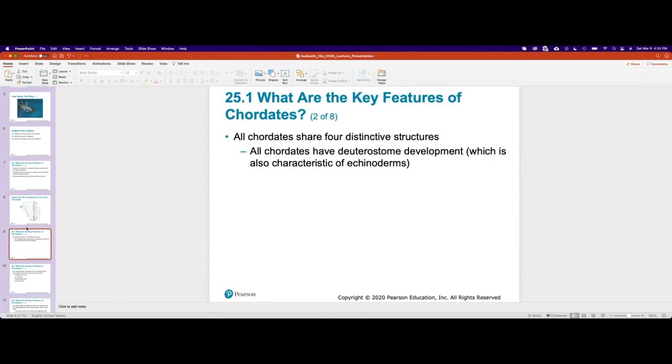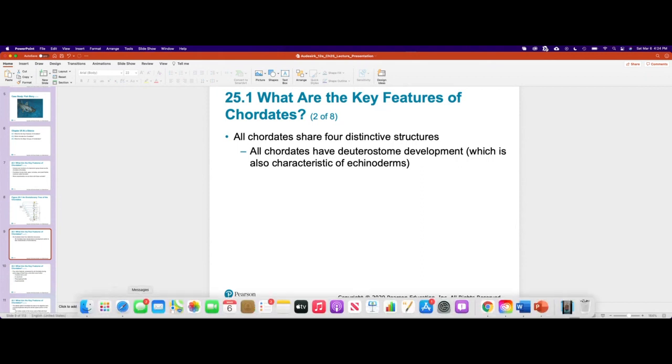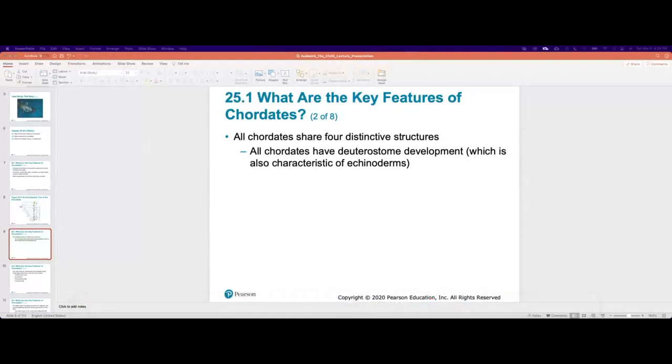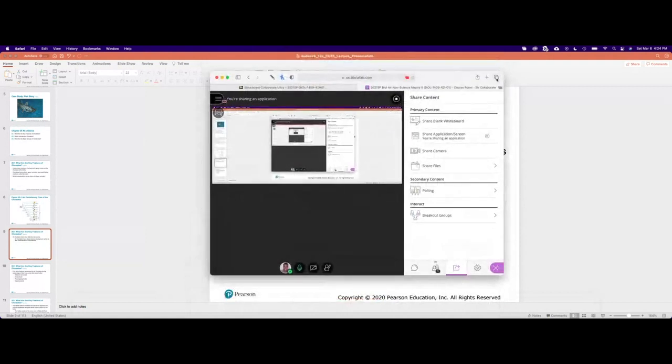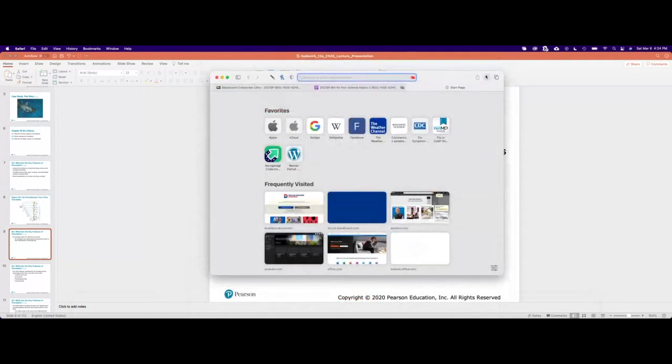Last time we did talk about deuterostome development versus protostome development, and your textbook gave actually only one feature of what separated deuterostomes and protostomes. So it was interesting because there's a whole set of features that actually helps separate them out.